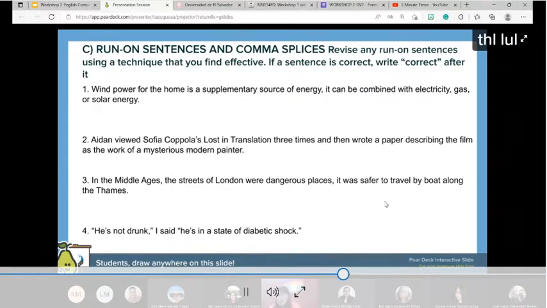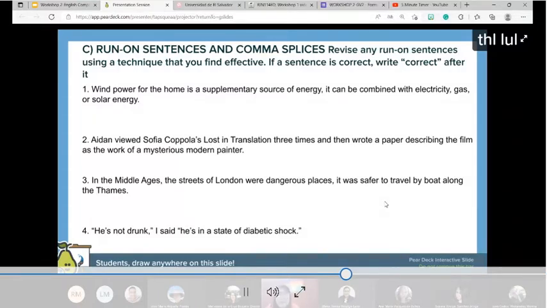A run-on sentence or a comma splice? It's a run-on sentence.